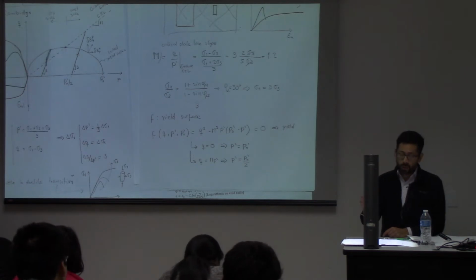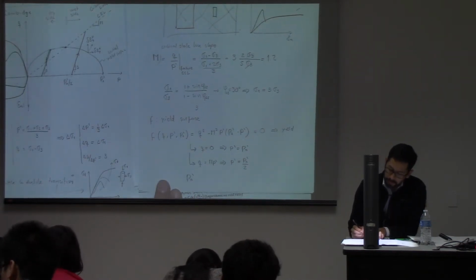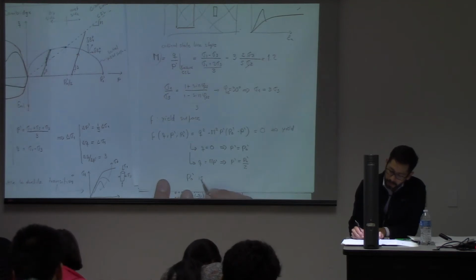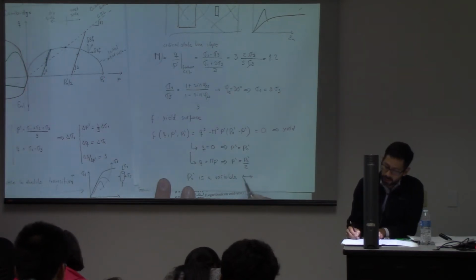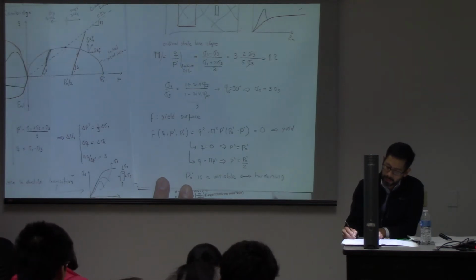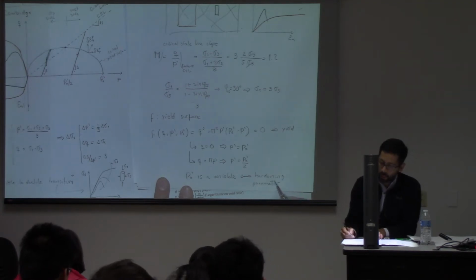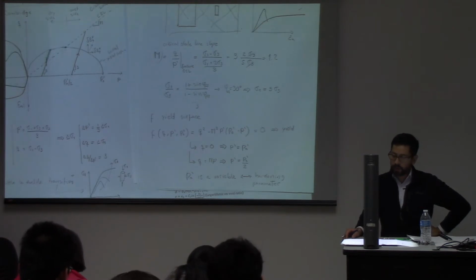What is important to notice here, I'm coming back then to what Steve was saying, is that this value P0 prime is a variable. And it's more than a variable. It's going to be our hardening parameter. That's how we're going to track the hardening in the constitutive model.